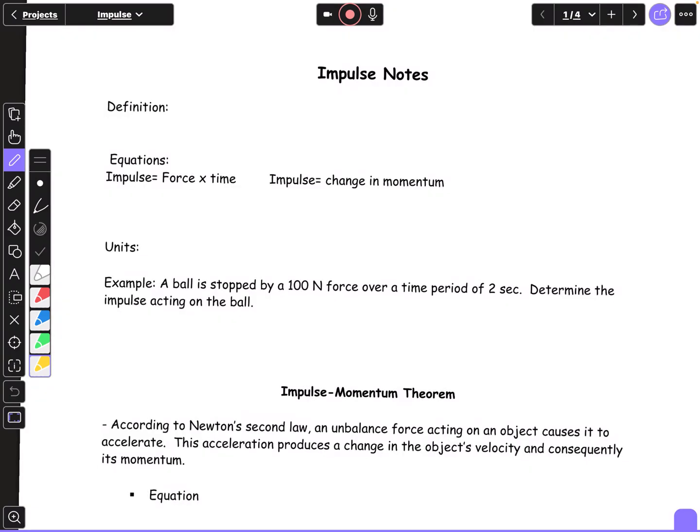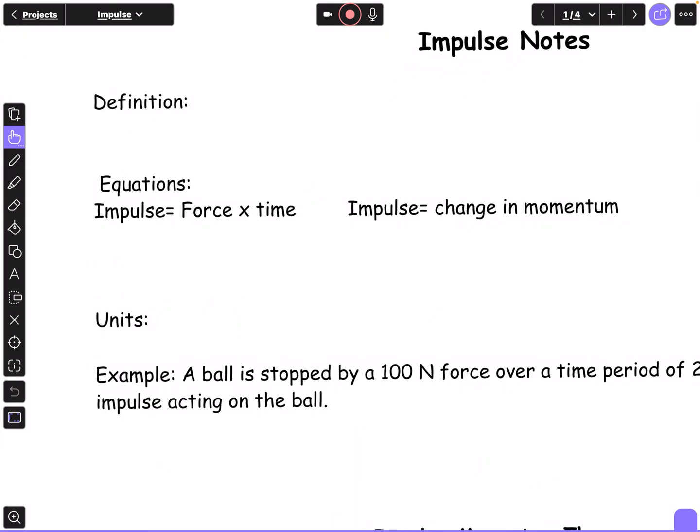Now we're going to look at impulse and what exactly is the definition of this.